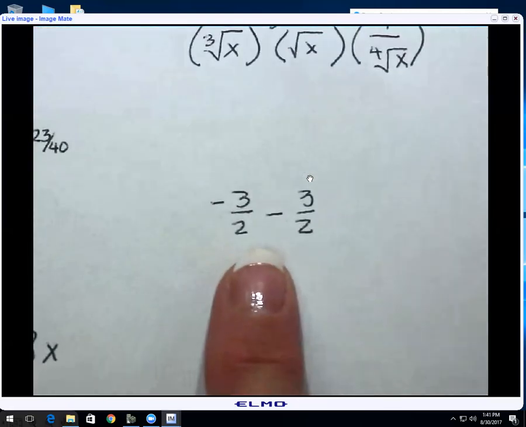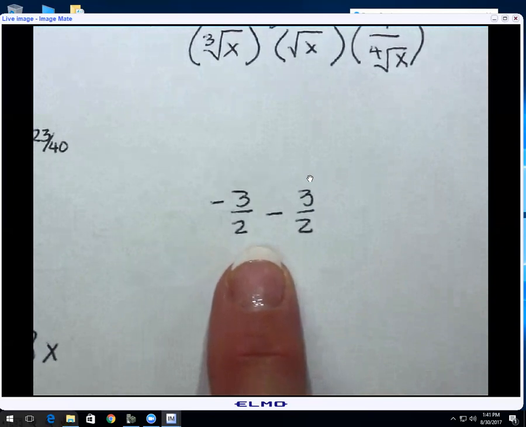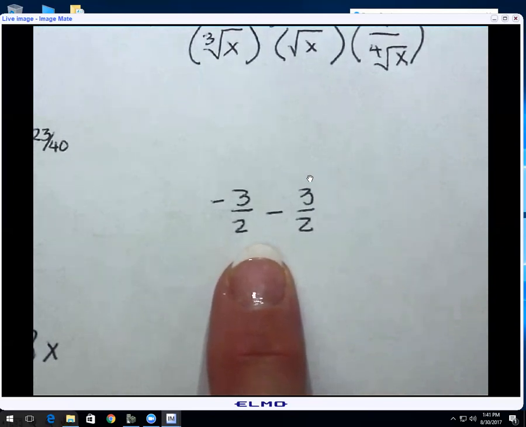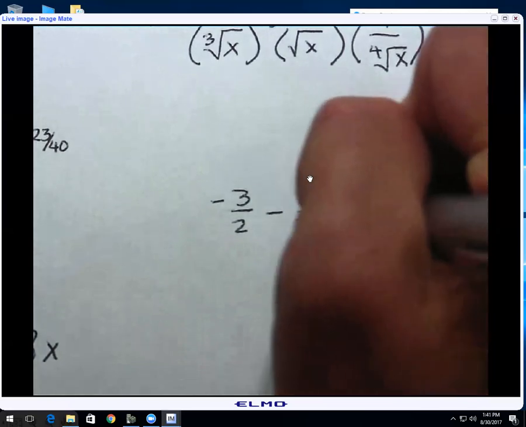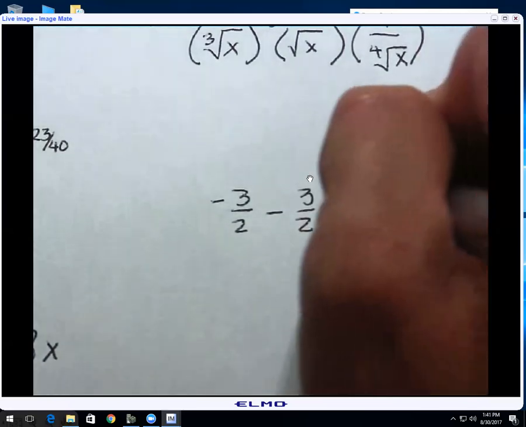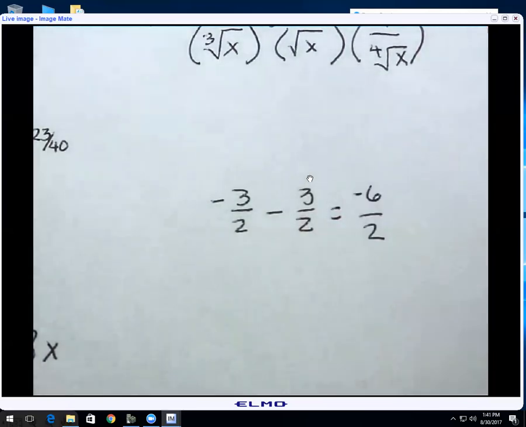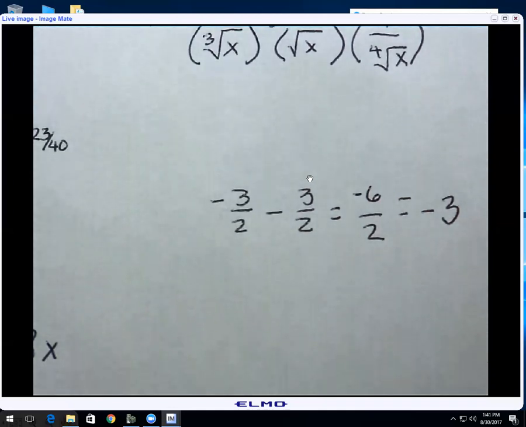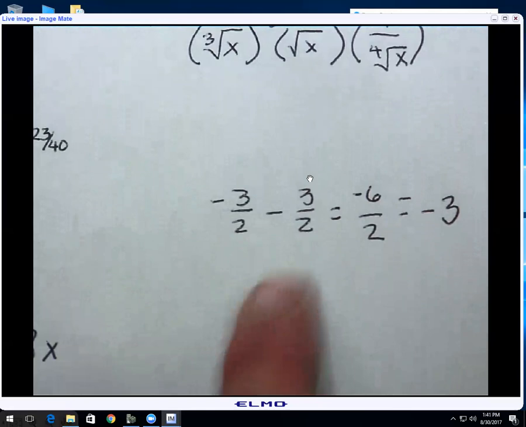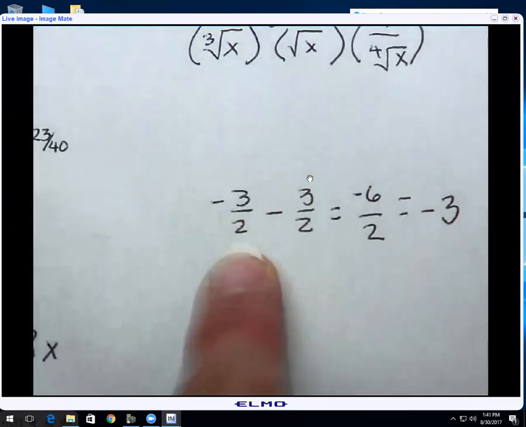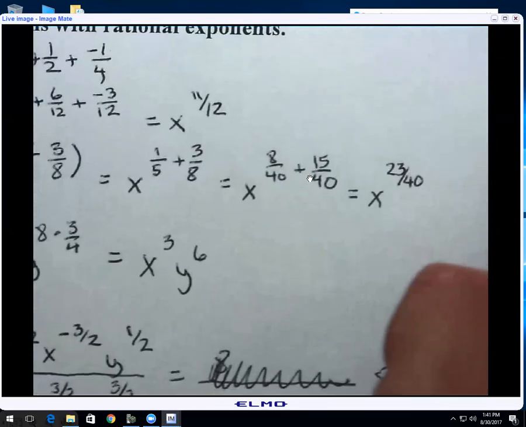Does that give you 0? No, it gives you -3. Use your calculator if you need to, but you have to know what to punch on the calculator. So x to the -3.